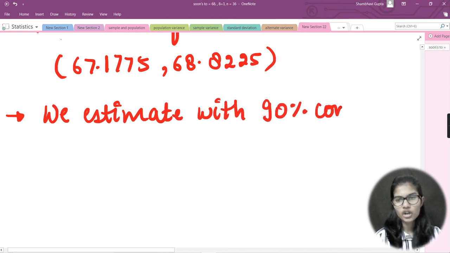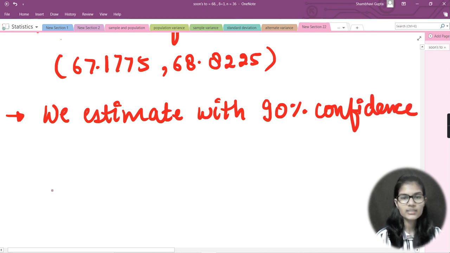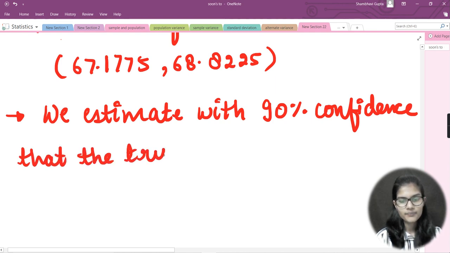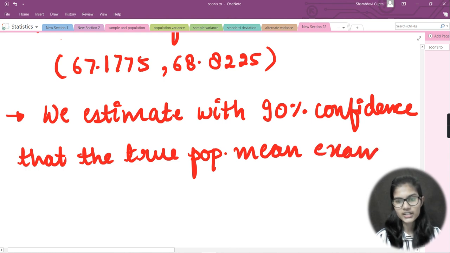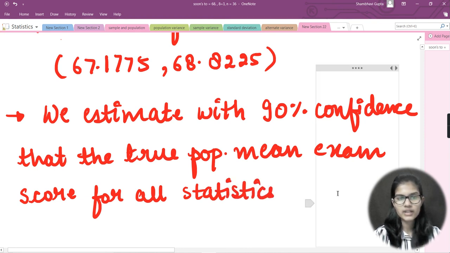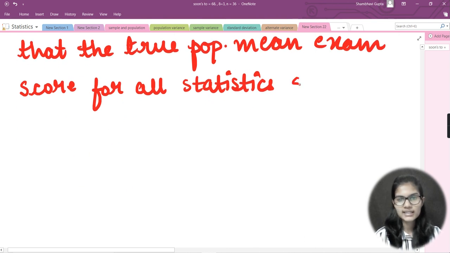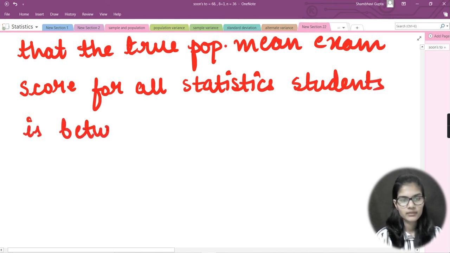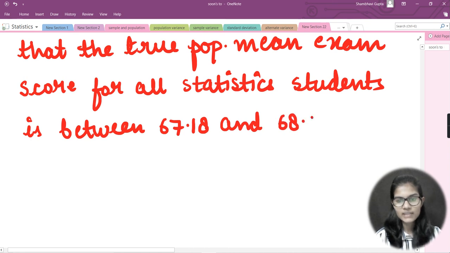We estimate with 90% confidence that the true population mean exam score for all statistics students is between 67.18 and 68.82.